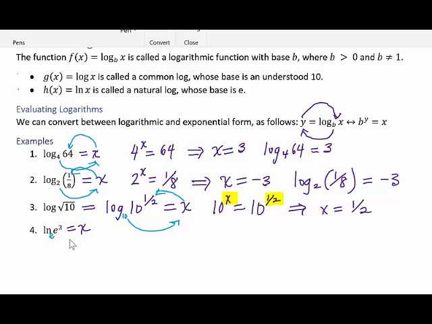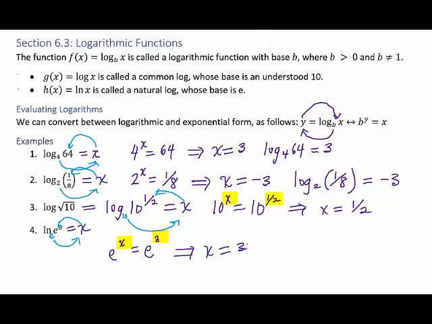Starting with the base, e to the x, the exponent, is equal to e to the third is an equation that we can write. Similar to the last example, when the bases are equal in an equation, the exponents have to be as well. So that means that x has to equal 3. Altogether, we can say that natural log of e to the third is equal to 3.